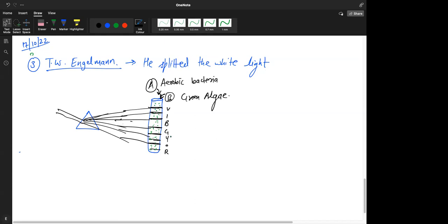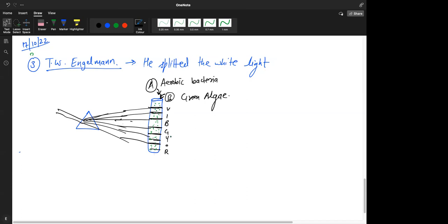Yes or no? Yes, sir. So if you can figure out where these bacteria accumulate, you can figure out where oxygen is being released the most, and which component of the white light is most critically required for photosynthesis.